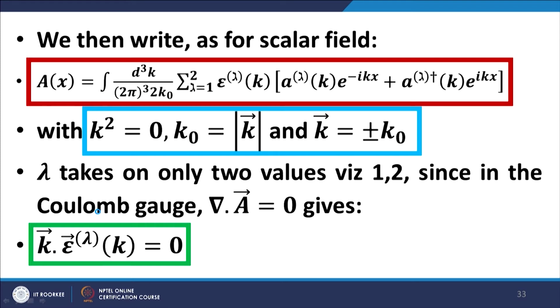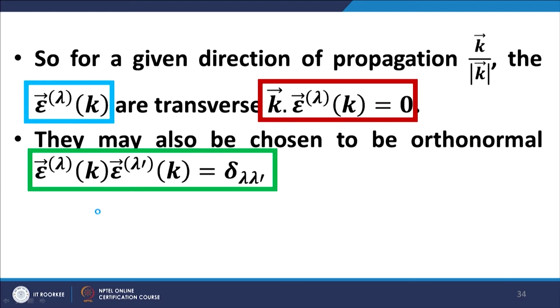Because k can take only two values, lambda can also take only two values here. And that is compatible with the fact that the photons, or the massless spin 1 particles, travel with the speed of light and have only two independent components.